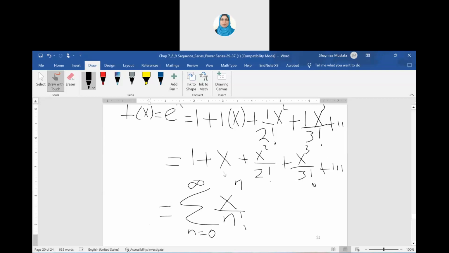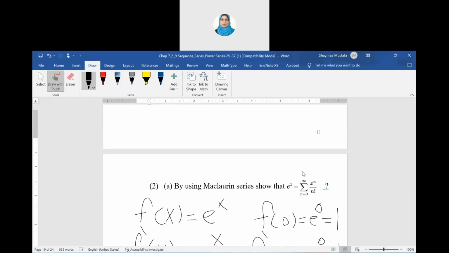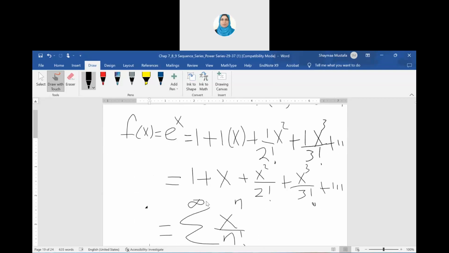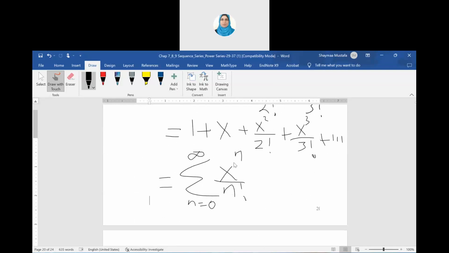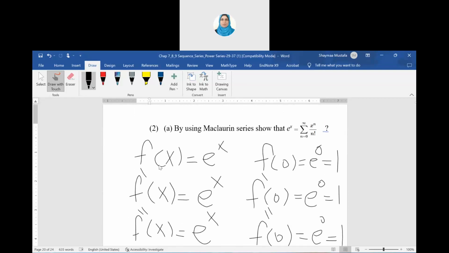So we already proved this. The exponential function is equal to the summation of x to the power n over n factorial from n equals 0 to infinity. We apply the Maclaurin theorem.